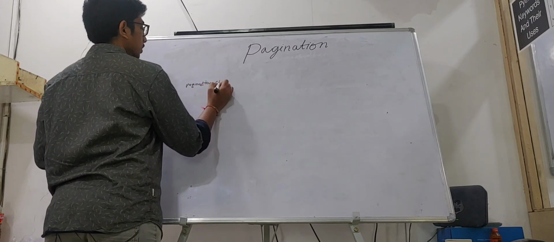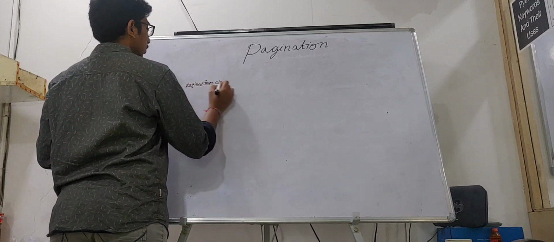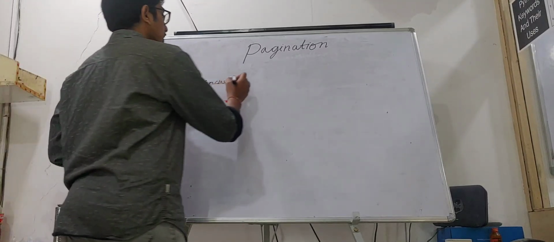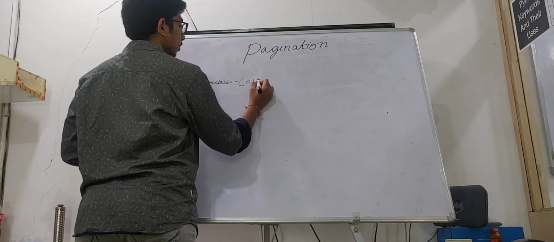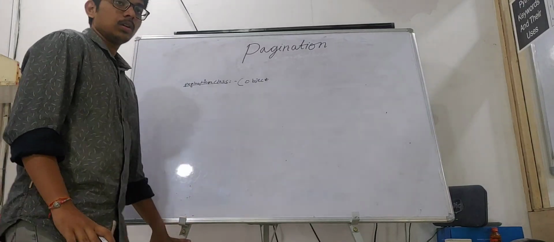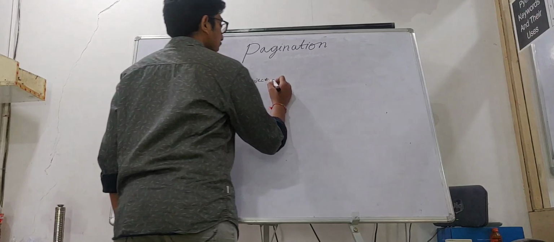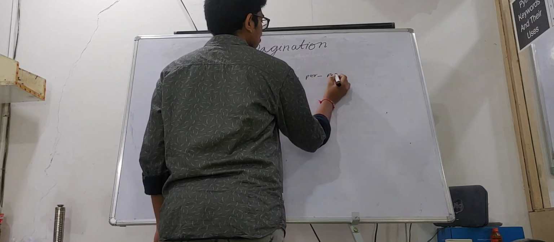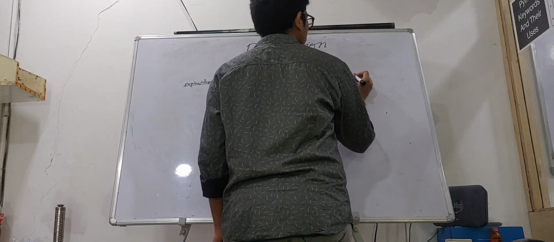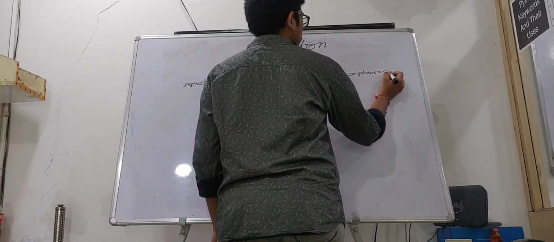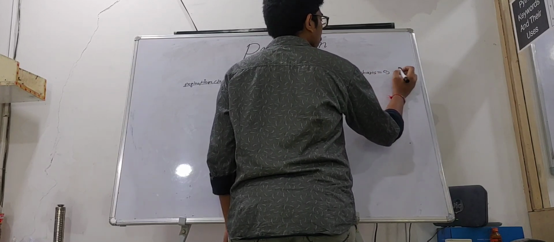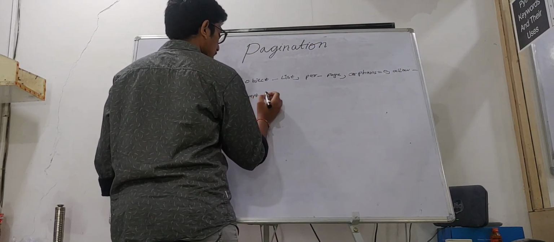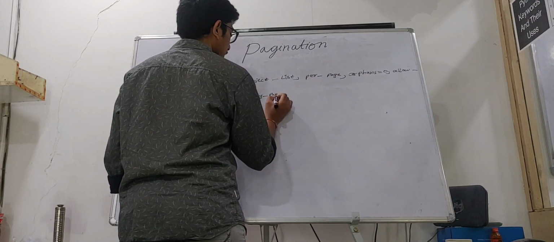Paginator class contains object list and per page, and orphans, and allow empty first page.